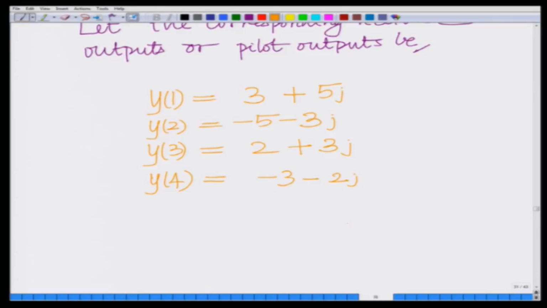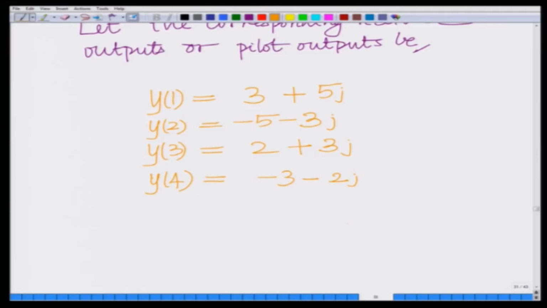So, what do we have? We have 4 transmitted pilot symbols x1, x2, x3, x4, which we have stacked to form the pilot vector x bar. Corresponding to each of the transmitted pilot symbols on the downlink, we have the corresponding received pilot output y1, y2, y3, y4 at the mobile, and now I can again stack these received pilot outputs as a vector to form the output pilot vector y bar.